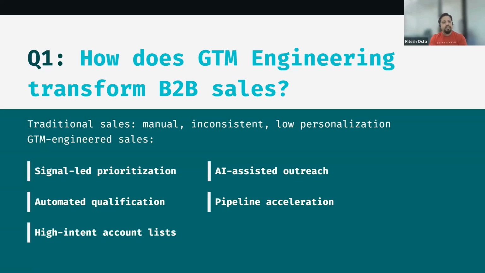Signal-led prioritization, which account is giving more signals, will be done by AI. Automated qualification: which accounts are better than other accounts, which is more engaging, which is more qualified, which has more high intent. That information will also come up.